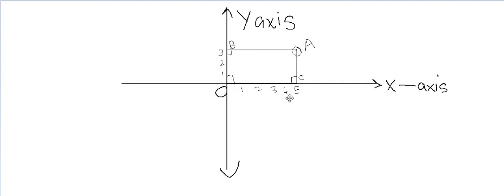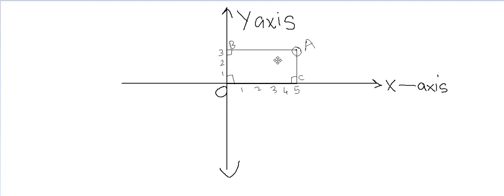And if it's a rectangle, then OC is equal to BA and AC is equal to BO. Length of OC is 5 units, as you can see here in this diagram. So length of BA would also be 5. Similarly, length of BO is 3 units. Hence, length of AC will also be 3 units. Now what is AB? AB is actually the distance of point A from the y-axis, and AC is the distance of point A from the x-axis.